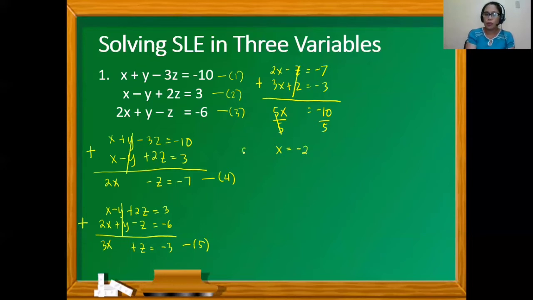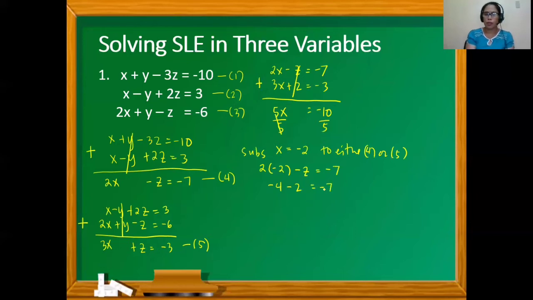Now we will substitute x equals negative 2 to either equation 4 or 5. If we're going to consider equation 4, we have 2 times negative 2 minus z equals negative 7. So we have negative 4 minus z equals negative 7.